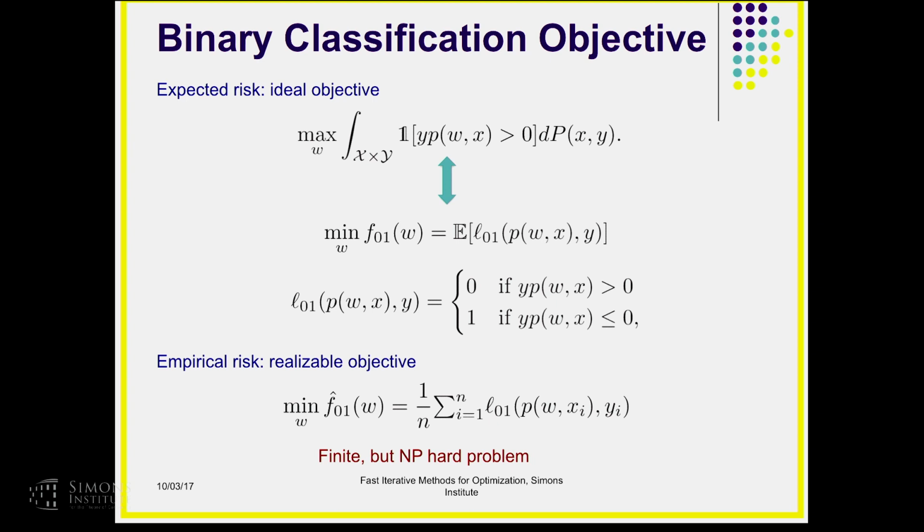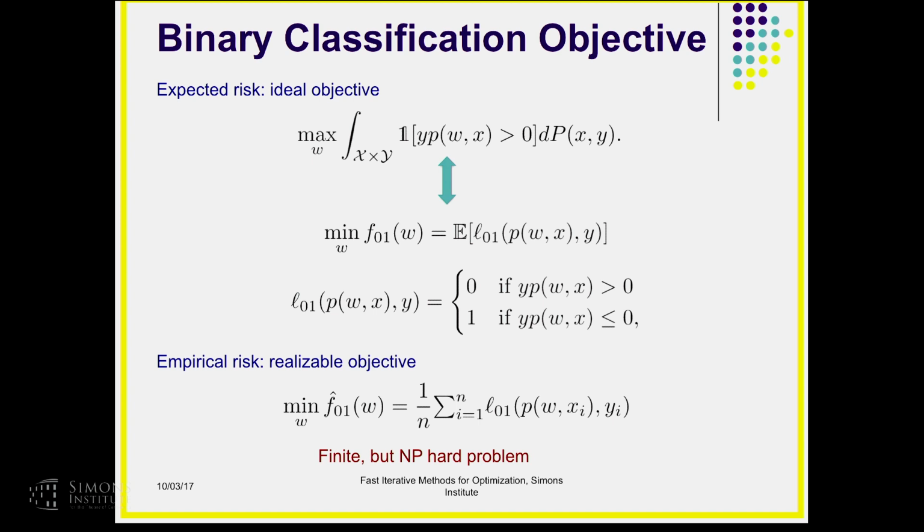You measure your accuracy as the expected probability of a correct prediction. This is what you want to ultimately optimize. Of course, since you have a finite set and you don't know your distribution, you don't know how to optimize this directly. So what you do is you look at this function.